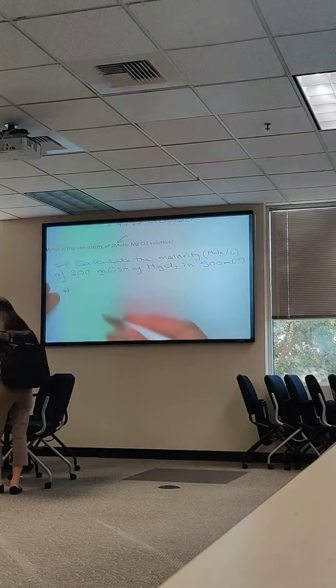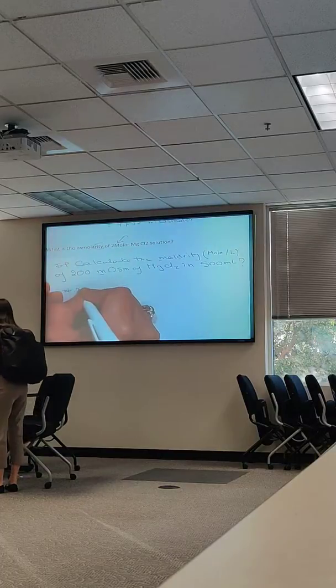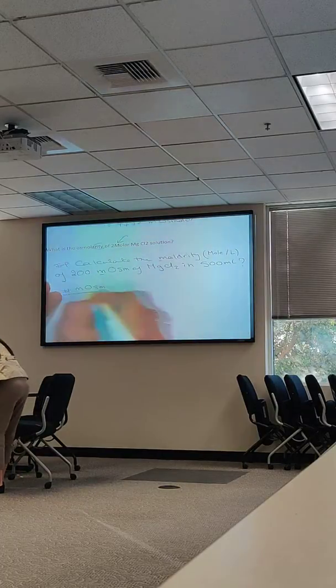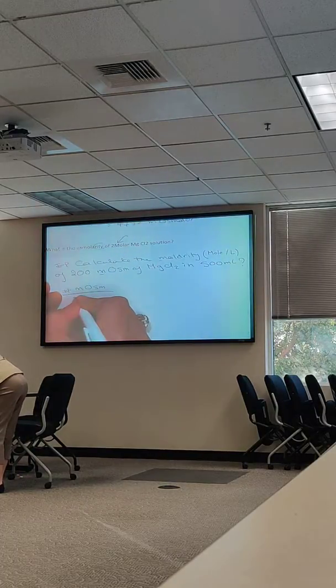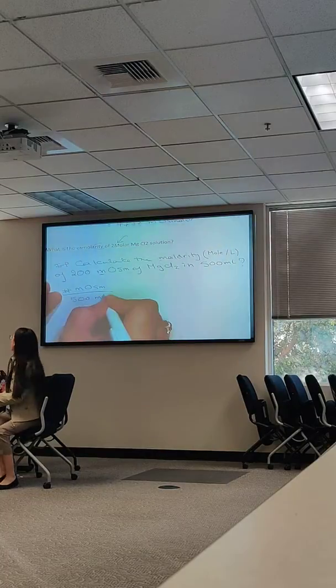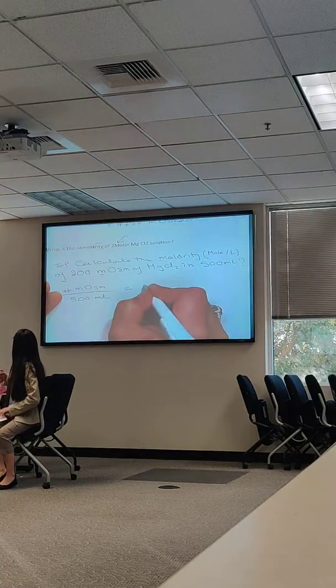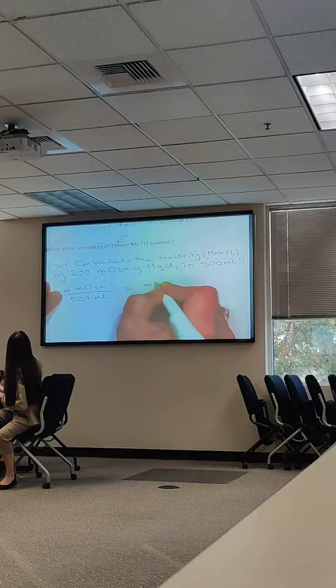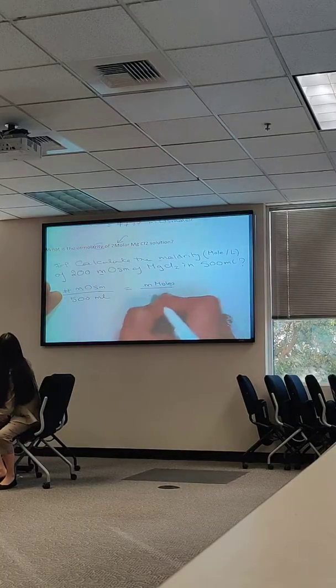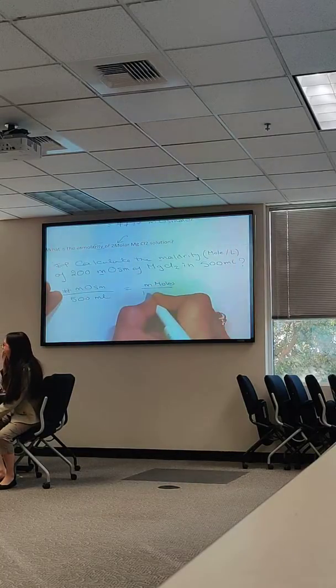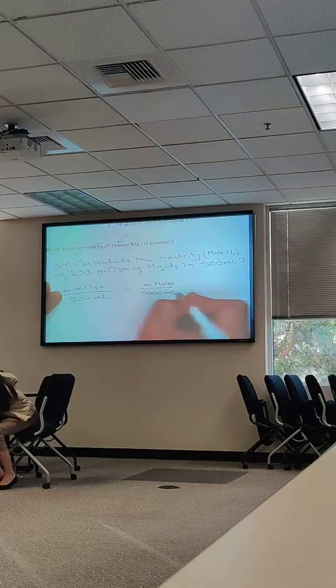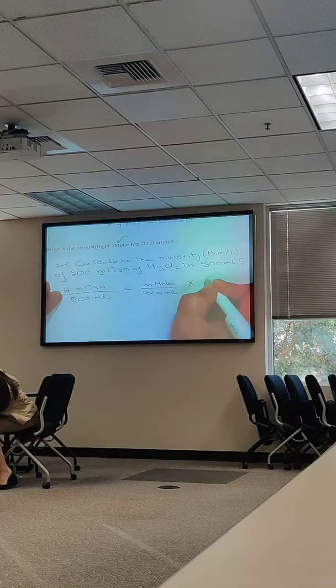So let's say that the number of milliosm per 500 milliliters equals the number of millimoles in 1 liter, which is 1,000 milliliters, multiplied by the species.